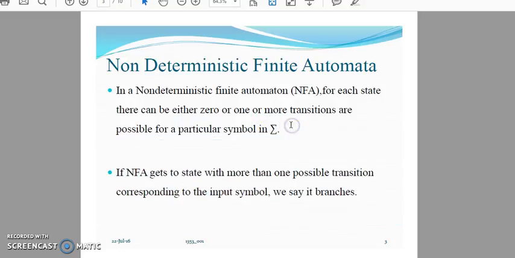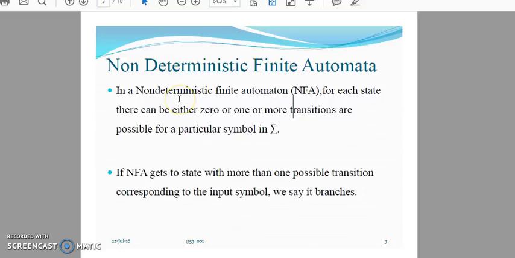Here I want to make a note of what is a deterministic finite automaton and what is a non-deterministic finite automaton. In a deterministic finite automaton, for a given symbol, we have at least and at most a single transition.